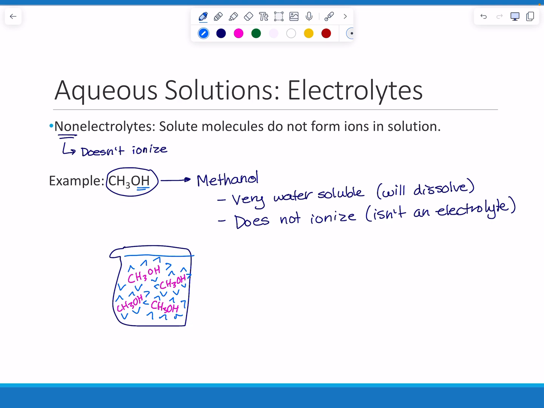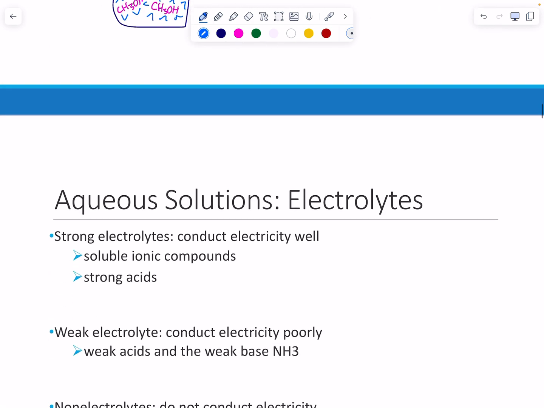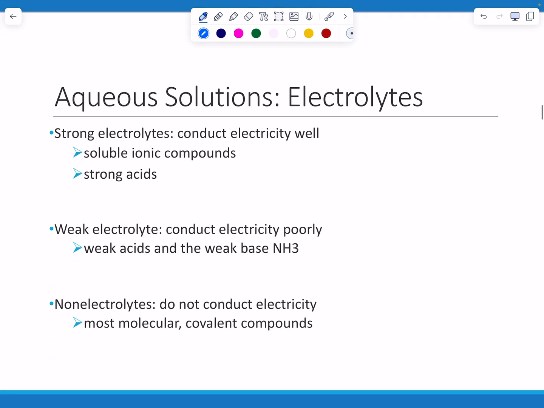All right, so if we compare, again, the properties of these molecules, strong electrolytes are going to conduct electricity well. Weak electrolytes are going to conduct electricity poorly, and non-electrolytes are going to not conduct electricity. And it's all related to the number of charged particles that you get when you put one of these molecules into solution.